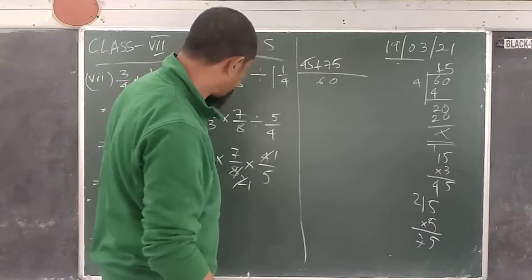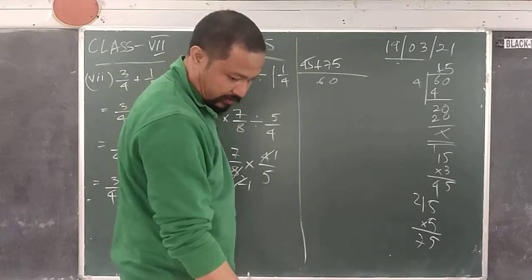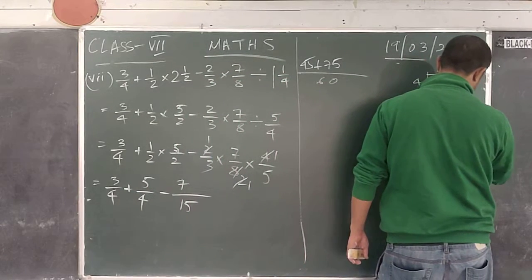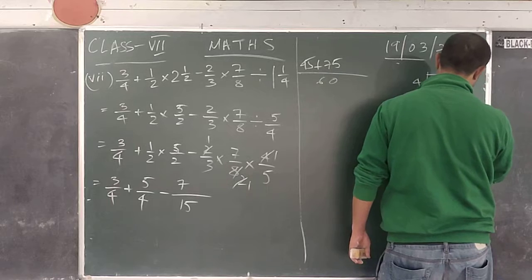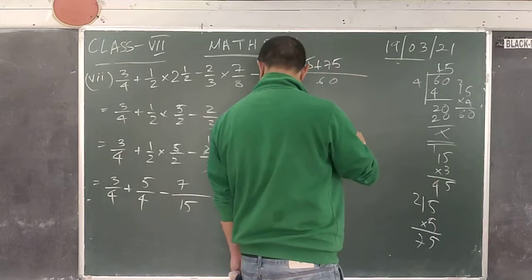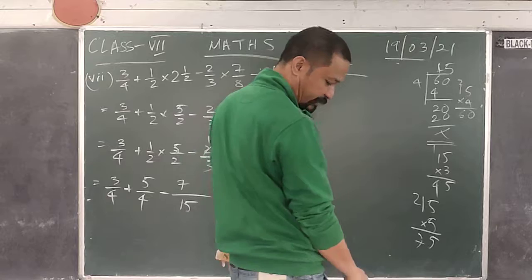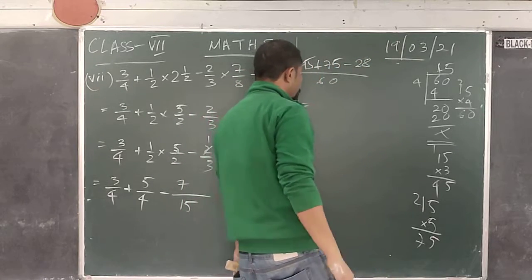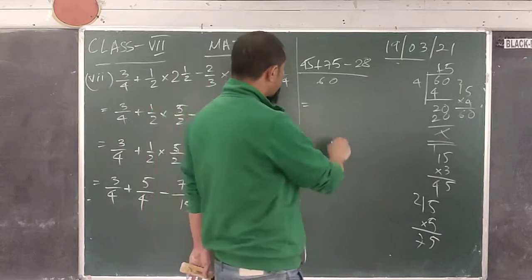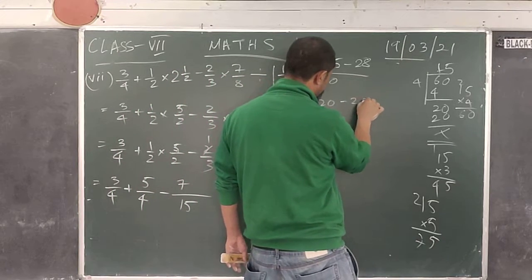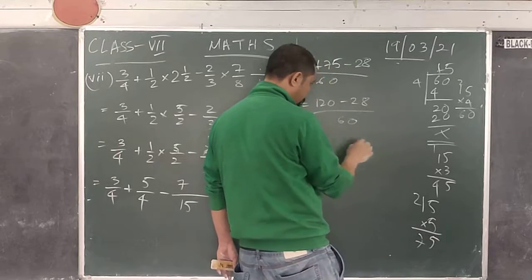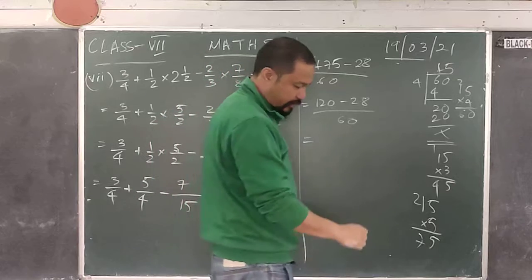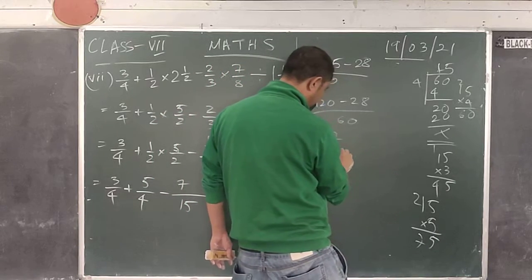Then thereafter we have 15 4s are 60, minus 15 4s are 60, 7 4s are 28. Okay, so we have 45, 75 and 28. This comes to 120 minus 28 upon 60. Okay, so after that we have 120 minus 28 is 92 upon 60.